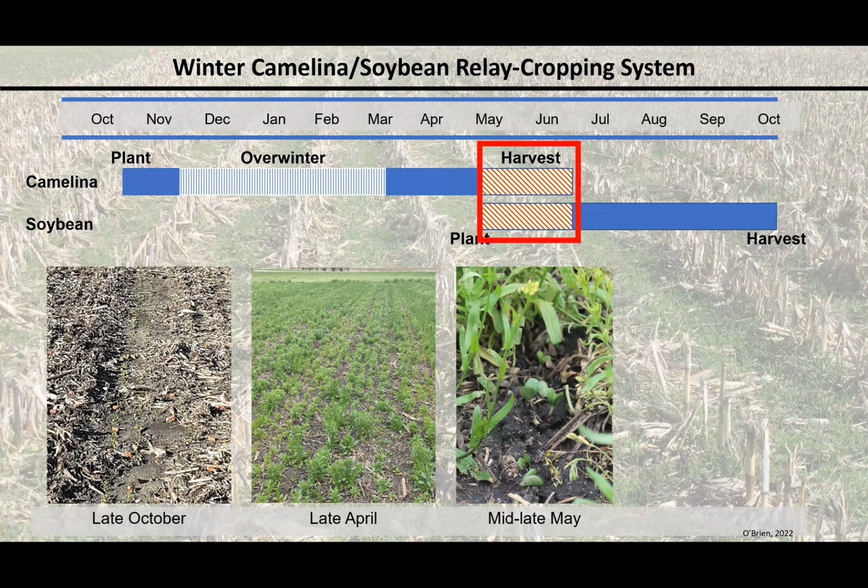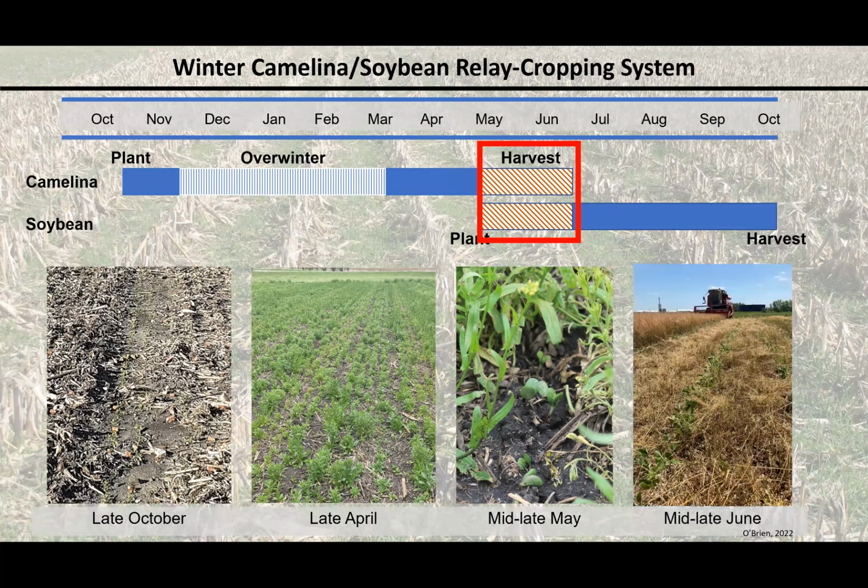So this is where our relay comes in. We actually have 2 crops growing at the same time on that piece of land, or in those plots. So we have both the Camellina and the soybean growing. The Camellina gets harvested in mid to late June. We come in with a combine and harvest right over the top of the growing soybean. The Camellina is tall enough.